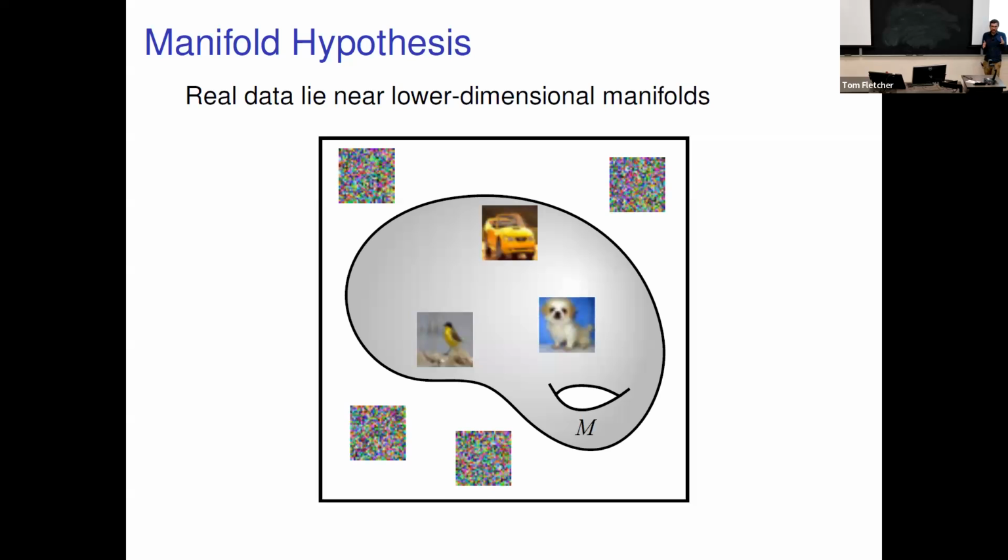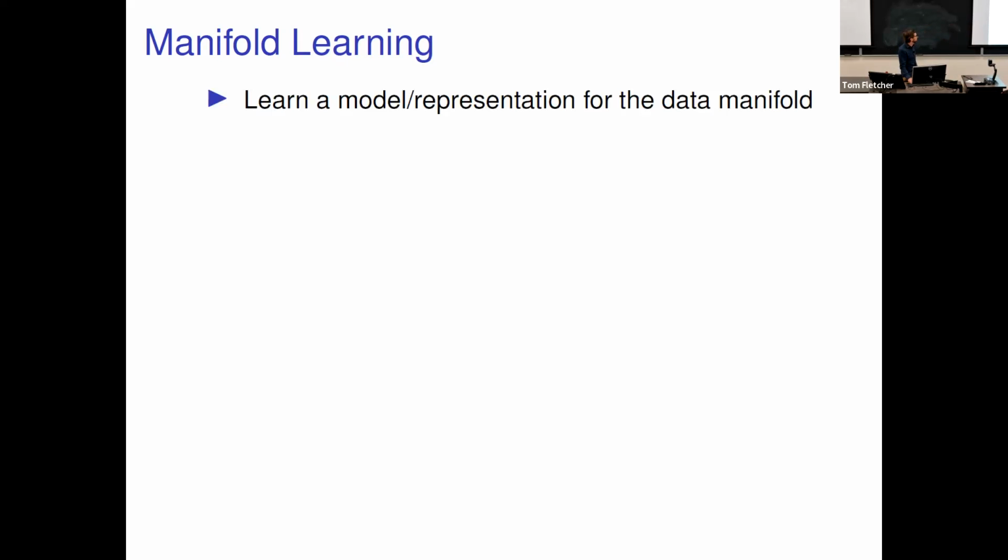What dimension does it have? Does it look like a flat hyperplane? Does it look like a sphere? Does it look like some crazy manifold that's hard to describe? You just don't know. And so manifold learning is the process of trying to learn a mathematical representation that gives you that data manifold. Basically a model of that data manifold.